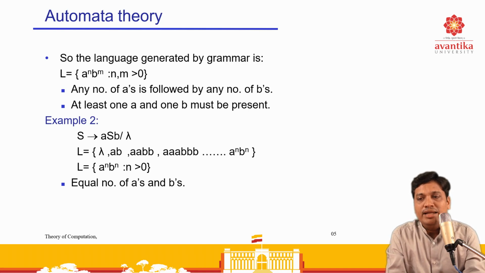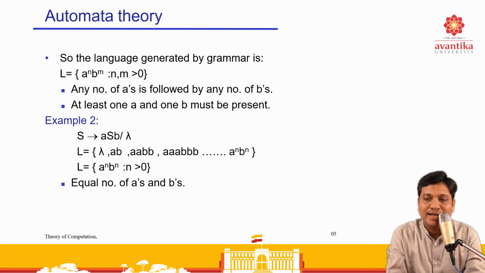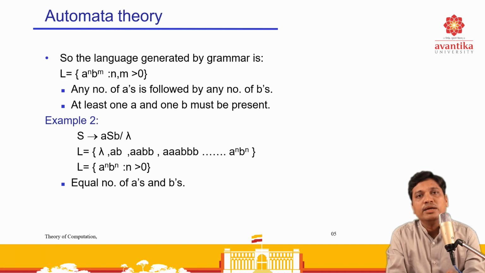Any number of a's is followed by any number of b's. Here the grammar generates a to the power n b to the power m, showing this particular language. Another form has the essential condition that at least one a and one b must be present.